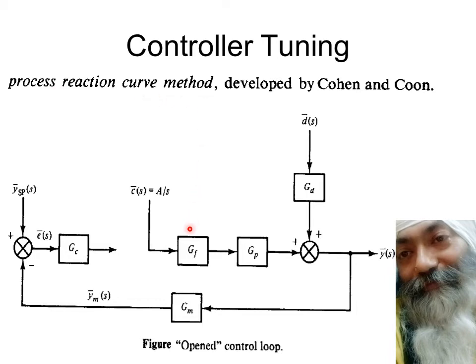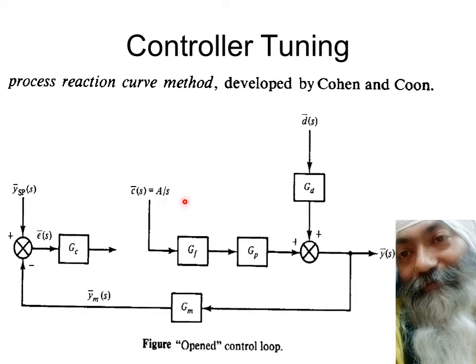Because as you can see, this entire feedback loop is not a closed loop, but it is opened from this point. It is disconnected from this point. It is no longer a feedback control. It is an open control loop, and in this open control loop, we give a step change.